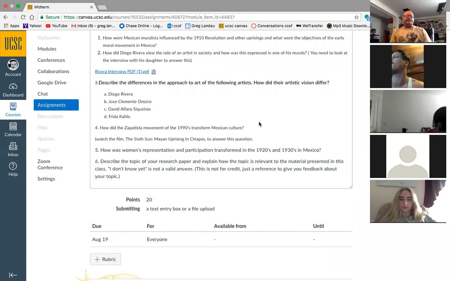And what you see here is the impact of the Zapatista movement on Mexican culture. The Zapatista uprising occurs in 1994, where indigenous people take up weapons and begin rising up against the government. Why doesn't the government just wipe them out as they have in the past?